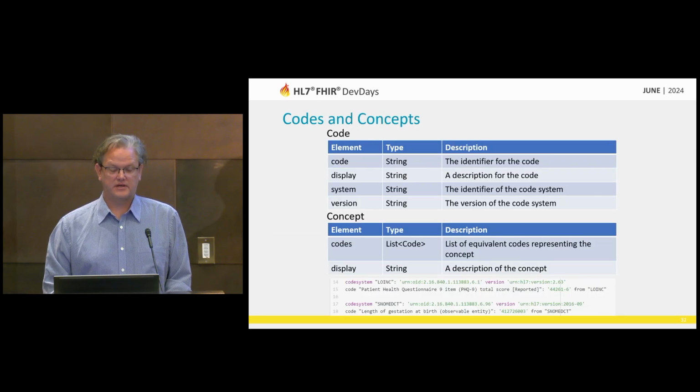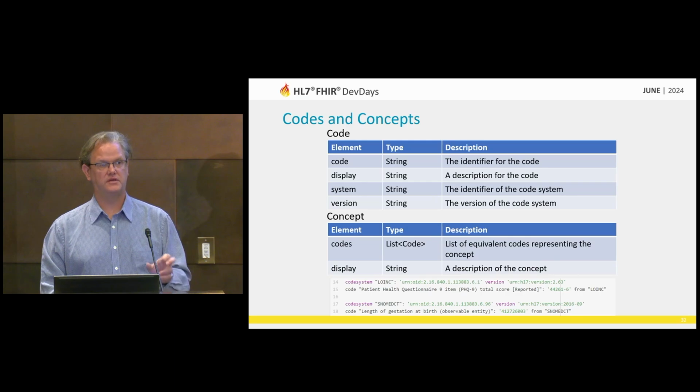CQL has a code structure. This is basically the same structure as a FHIR Coding: code, display, system, and version for an actual code in a code system. And then it has a concept, which is analogous to FHIR's CodeableConcept, which is a list of codes that lets you specify equivalent codes representing the same concept.